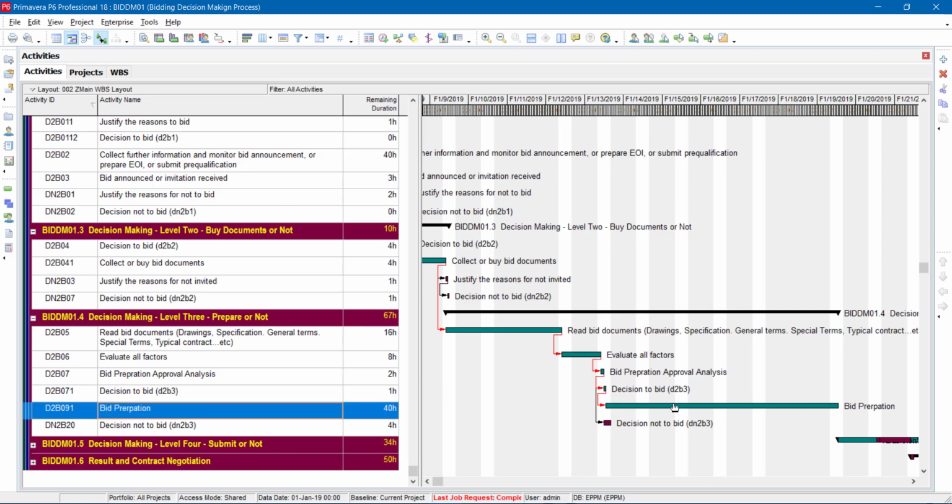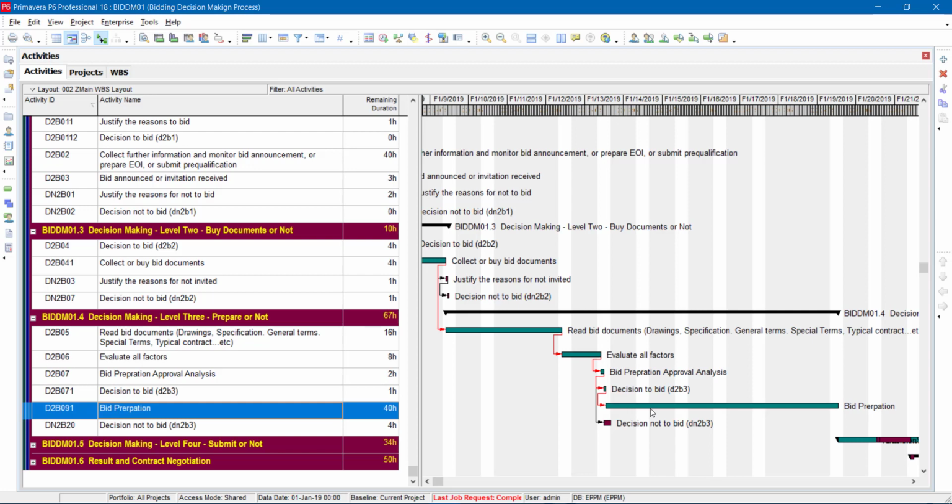Bid preparation includes a big team from different technical backgrounds, and this is costing the company a lot. Sometimes they even involve third parties and consultants to help in bidding. So this is a very important decision, after calculating, evaluating, and ranking all factors, to decide on bidding or not bidding.